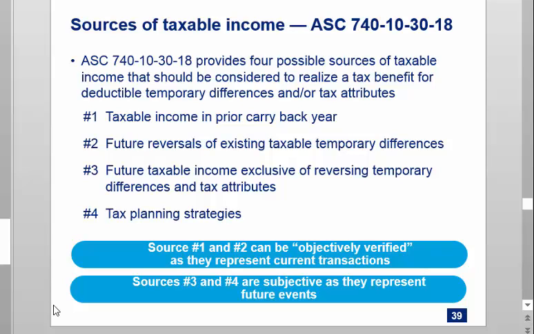Two, future reversals of existing taxable temps. Okay, that's sort of a mouthful. So let's say that we had a depreciation temp item, and it suggested that we had a deferred tax liability of $300. So that in the future, if I sold my asset for book value, I'd have a $300 tax gain.